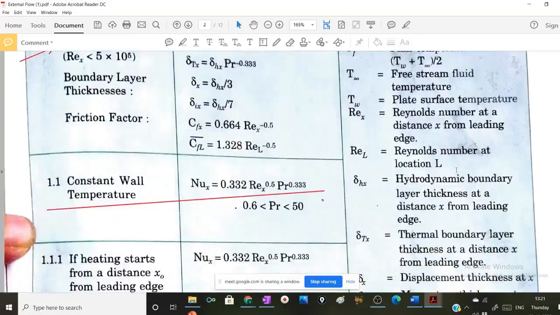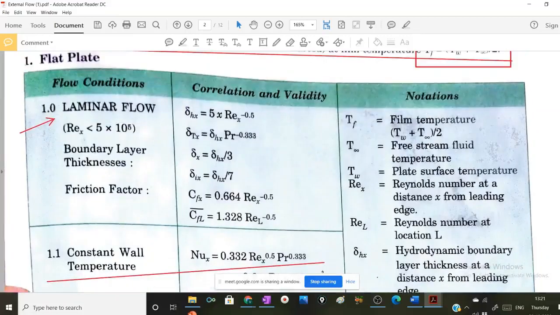Here delta x is the hydrodynamic boundary layer thickness at a distance x from the leading edge, and delta Tx is the thermal boundary layer thickness at a distance x from the leading edge. So please write down this formula: delta Hx equals 5x Rex to the power minus 0.5.